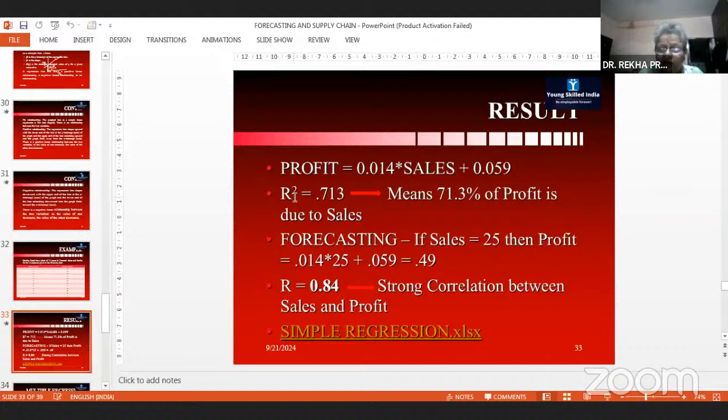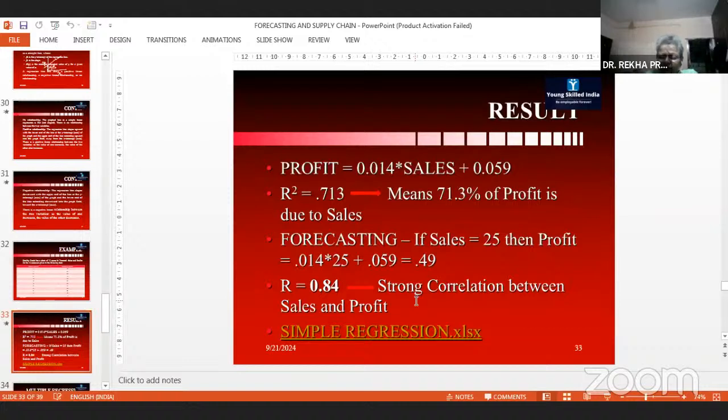And R is correlation. Correlation means what is their relationship, whether they are moving in the same direction or opposite direction, or there is no correlation. So from here we find the square root of R square, that is coming to 0.84, which shows a strong correlation, because one is the strongest. As x moves, y will move.